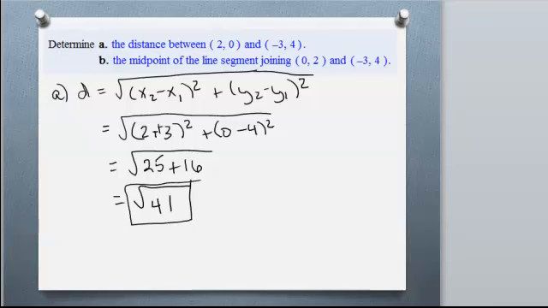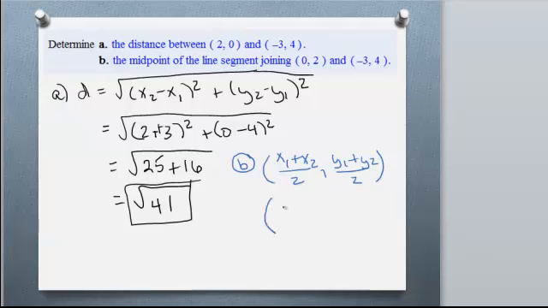Okay, so what if we wanted to find the midpoint between these same 2 points, right? So you use your formula. Your formula is x1 plus x2 divided by 2, and y1 plus y2 divided by 2.